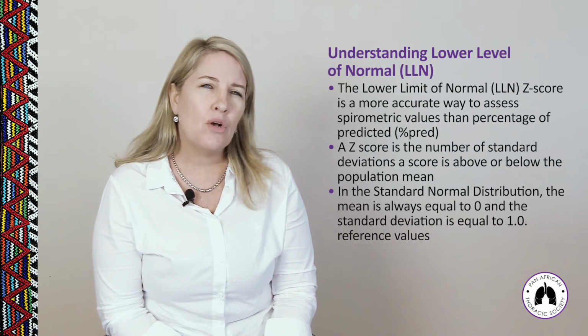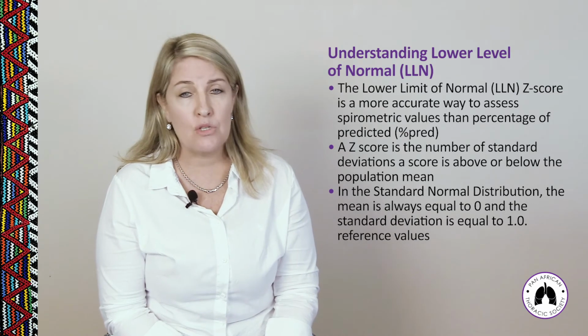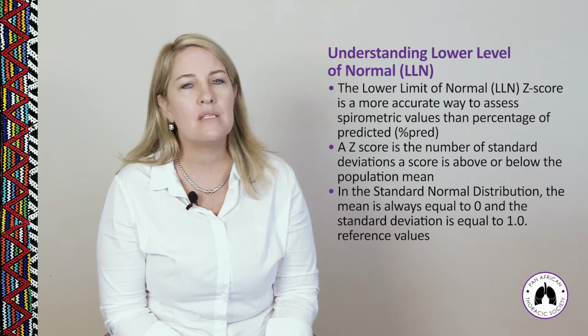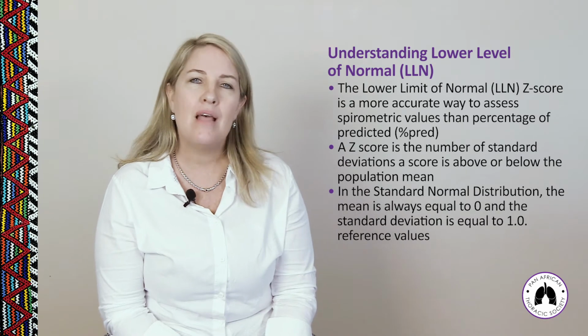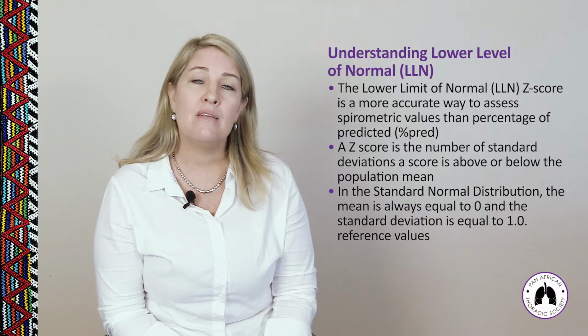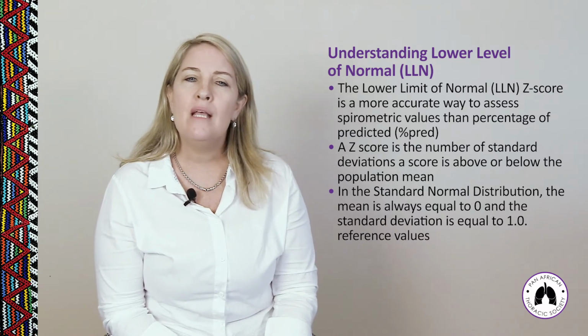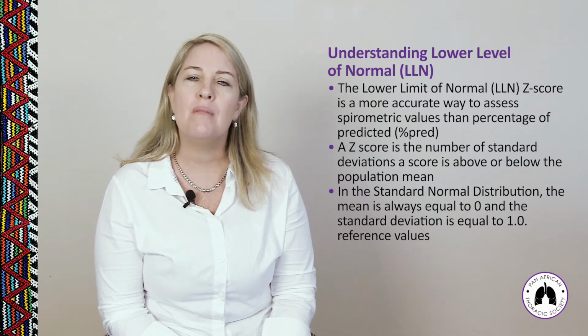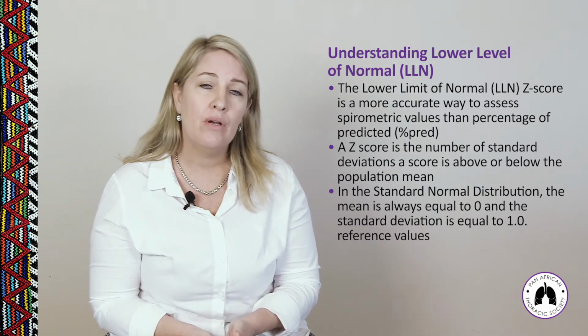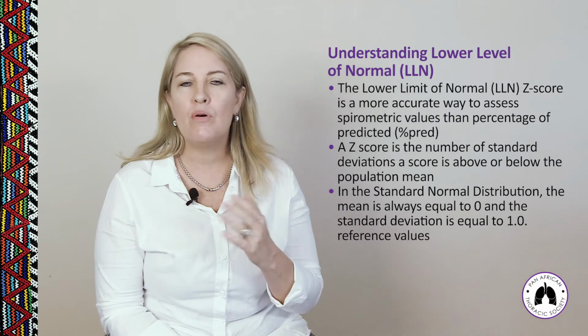So let's then look at the lower level of normal. The lower level of normal and Z-score is a more accurate way to assess a spirometric value than percentage of predicted. A Z-score is a number of standard deviations a score is above or below a mean. So in the standard normal distribution, the mean is always equal to 0, and the standard deviation is equal to 1.0.